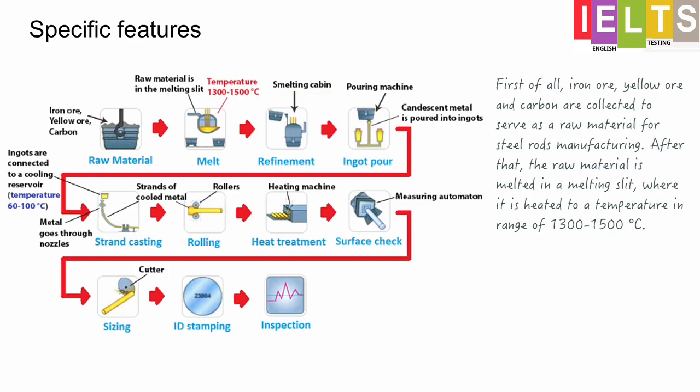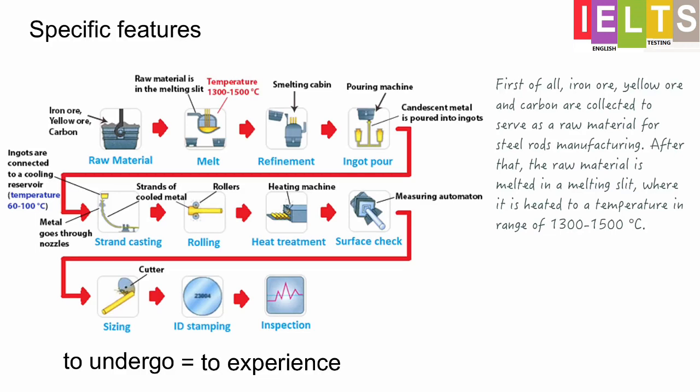We don't know what exactly happens in that smelting cabin, and that's where the verb undergo comes in handy. To undergo means to experience. For instance, you can say, the material undergoes refinement in a smelting cabin. And this is a very good way to explain a stage that lacks additional information.